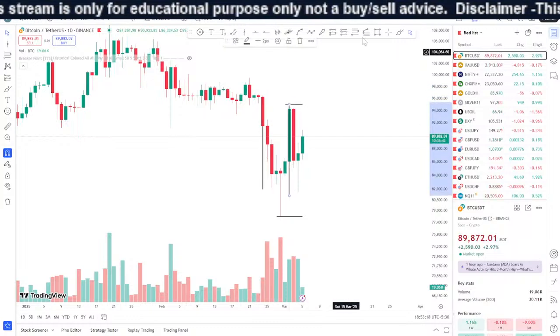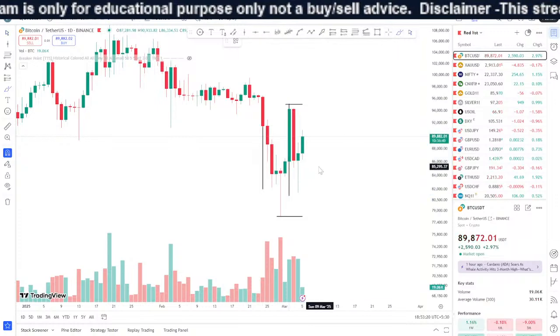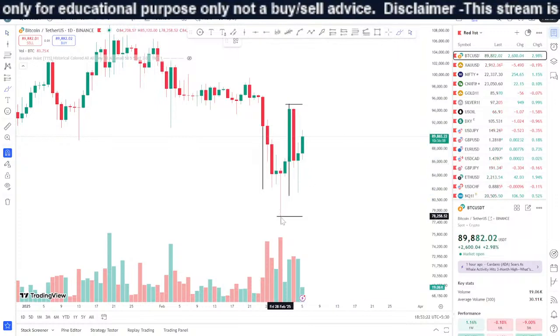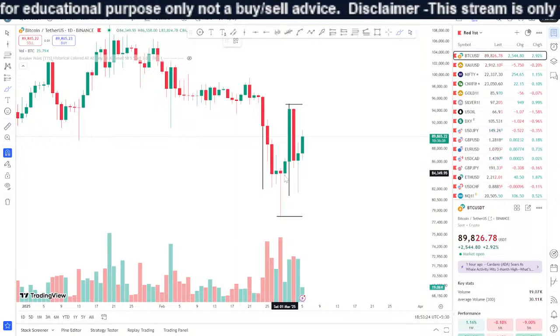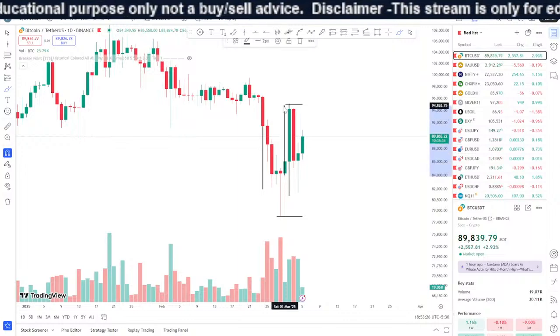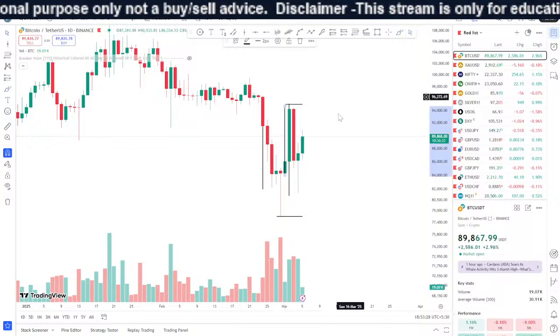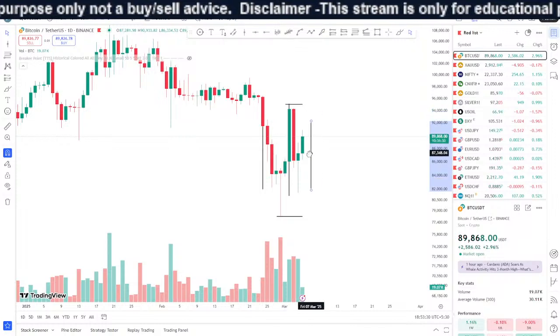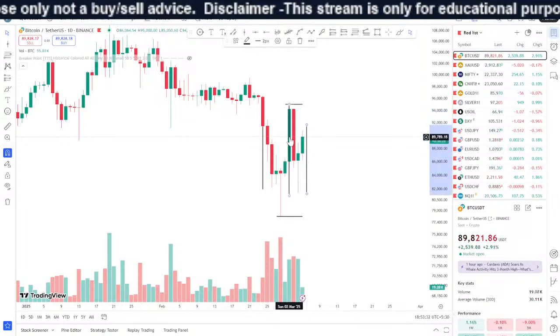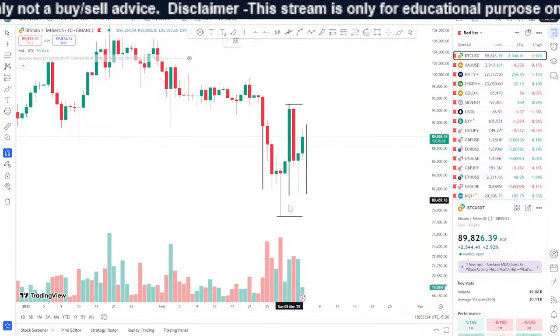Yes, completed. So in this scenario, what is the next plan of action that I should have? The supply. The supply one will be from the green candle, and on the continuity my supply 2 will be from the buyer's allocation point.